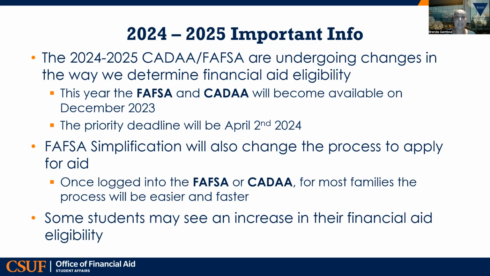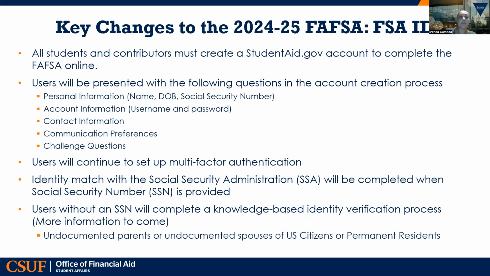We're still waiting on that date. Again, the deadline will be April 2nd, and the FAFSA simplification will also change the process to apply for aid. Once you log into your FAFSA and CADA application, for most families, the process will be easier and faster. Some students may see an increase in their financial aid eligibility.